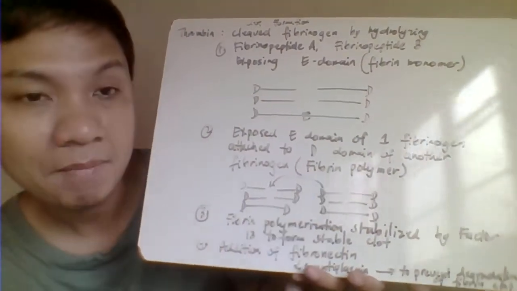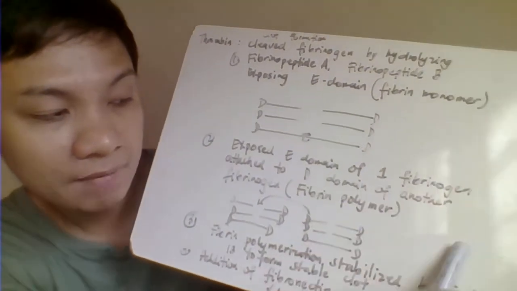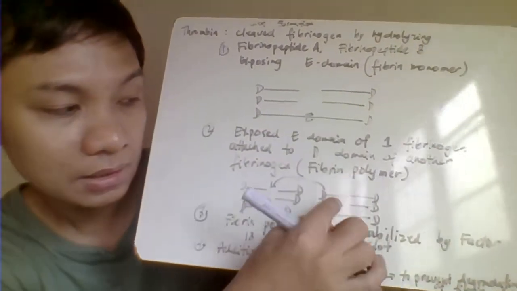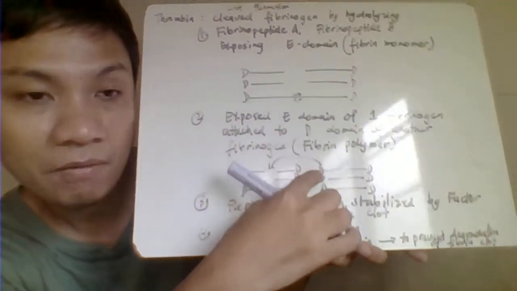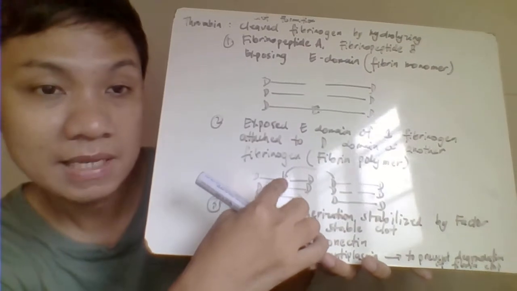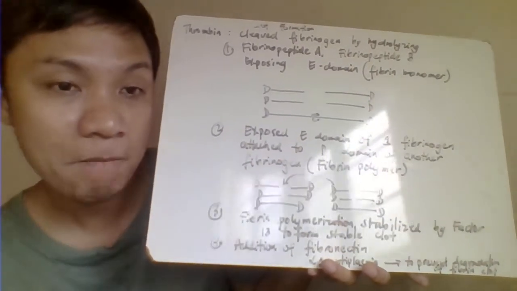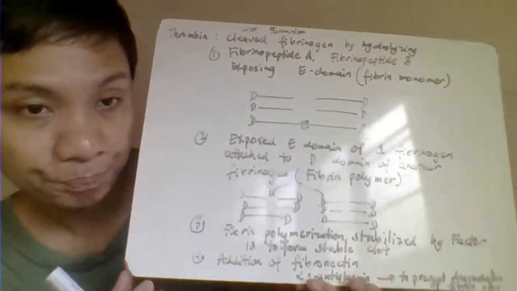Pag dalawa lang sila, magiging fibrin dimer. Pag madami na sila, nag-attach to one another. So, paano kanilang attachment? Okay, the D domain ng isang fibrinogen mag-a-attach sa na-expose na E domain ng another one to form your fibrin dimer pag dalawa sila. Pag dumami sila, then it becomes your fibrin polymer.